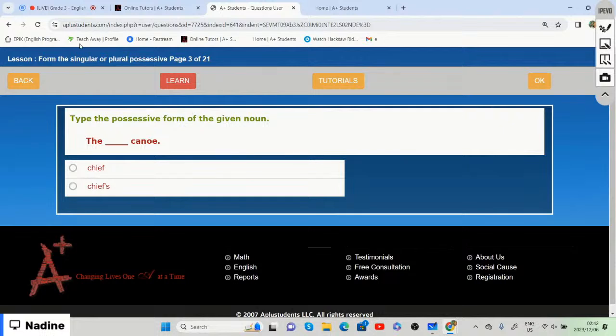All right. So we need to say is it the chief canoe or the chief's canoe? This now is something that belongs to the chief. So is it option one, which is chief, or option two, which is chief's canoe?